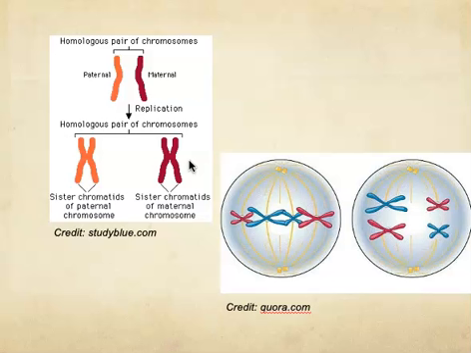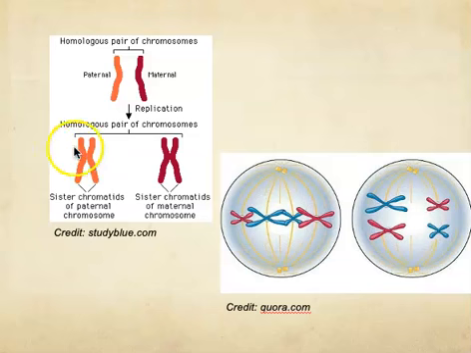So in the parent cell, after it has gone through G1 and S and G2, as it comes into M, this is what it would look like inside the nucleus. All of the DNA has been replicated. You could call this right here a replicated chromosome.